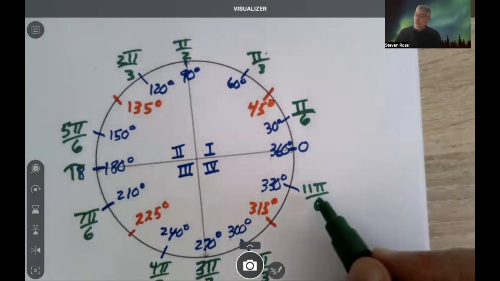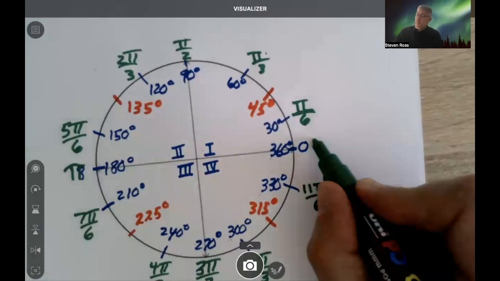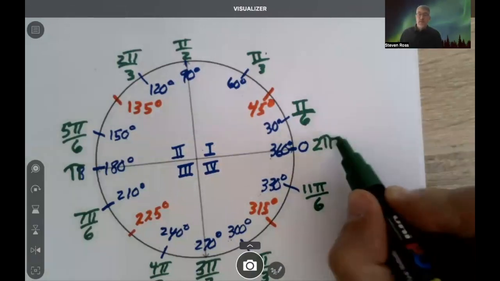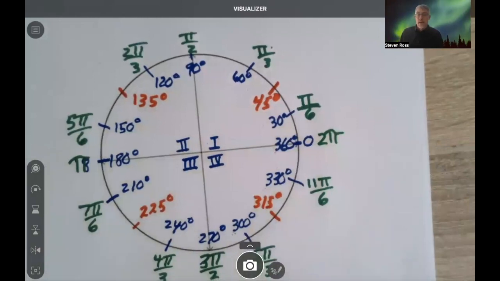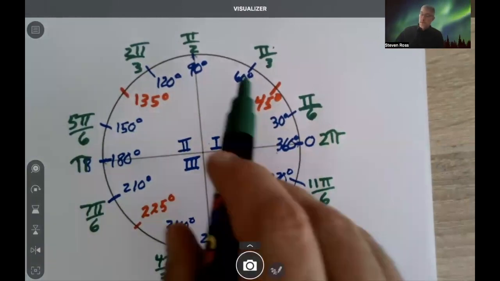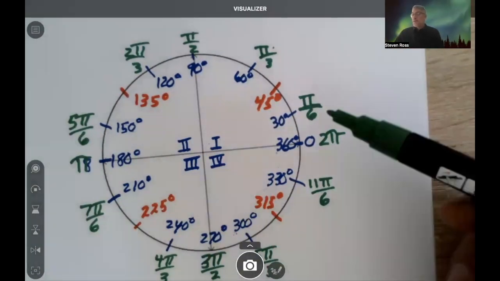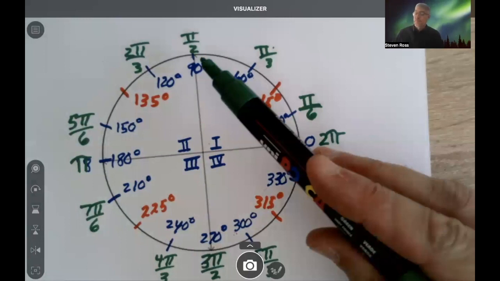And we add one more pi over 6 to get 12 pi over 6, which will mentally reduce to 2 pi. All right, so that is going to be the whole set of basically 30s, 60s, and 90s.